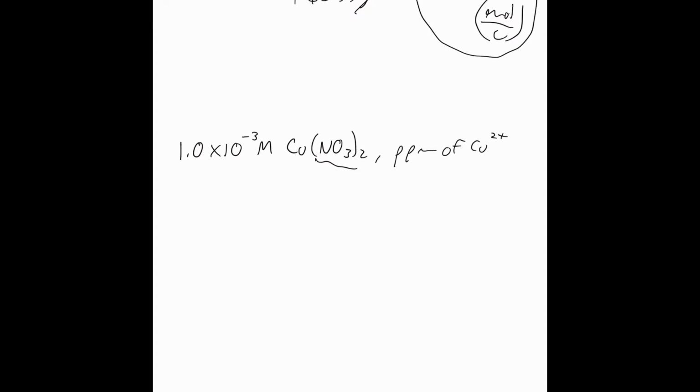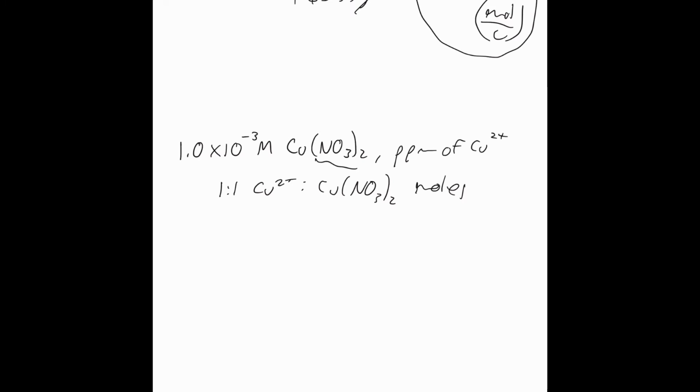The first thing we need to know is that this is 1-to-1 copper 2 plus to copper nitrate. And that's in moles. So for every 1 mole of copper nitrate, we get 1 mole of copper 2 plus.